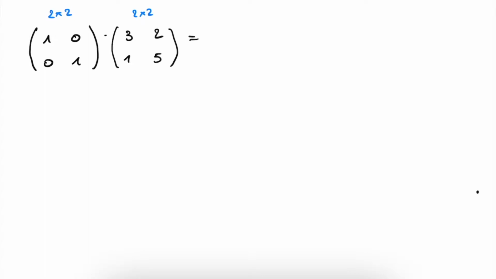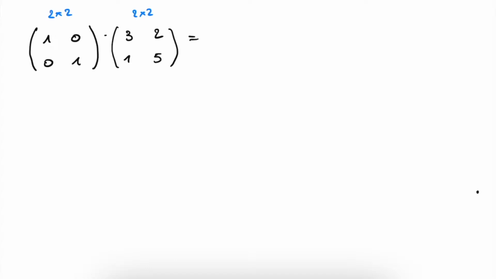Both matrices are 2 by 2 matrices, which means that this first number signifies the number of rows. So both matrices have 2 rows. And the second number signifies the number of columns. So both matrices indeed have 2 columns, which means that both matrices are 2 by 2 matrices.